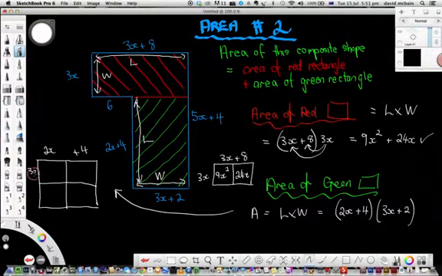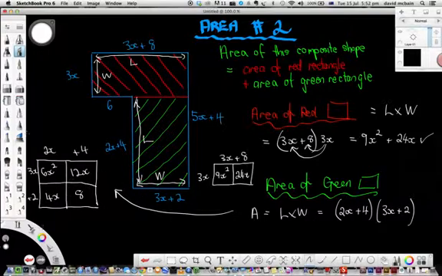So we work out the boxes. 3 times 2 is 6, x times x is x squared, 3 times 4 is 12, but it was 3x, so it's 3 times 4 times x, so it's 12x. Down here it's going to be 2 times 2x is 4x, and finally 4 times 2 is 8.